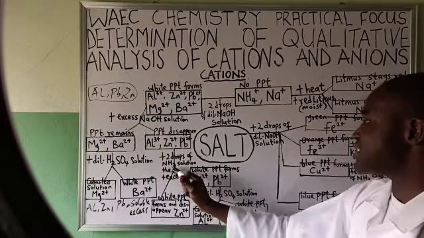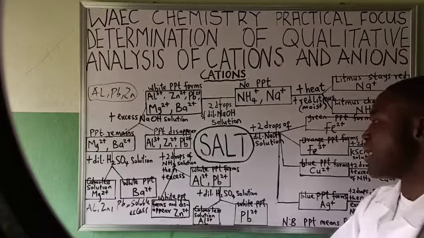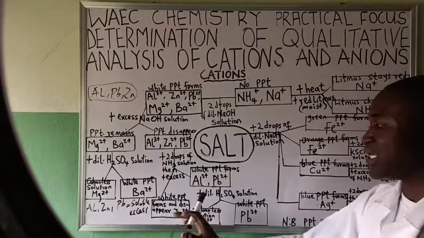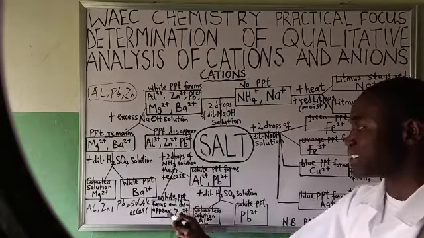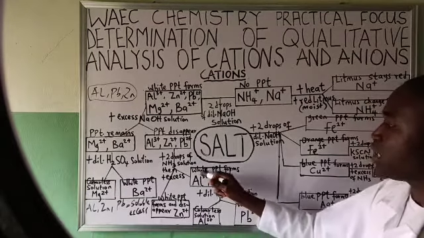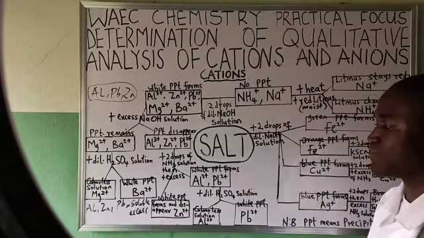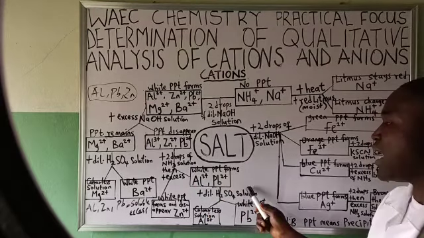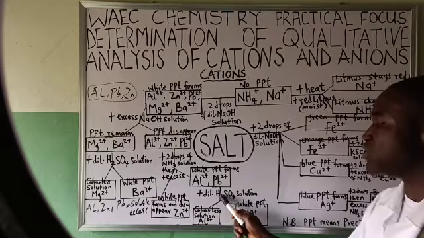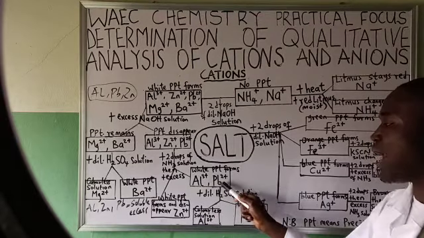When we put excess ammonia, zinc came out to show that it's soluble in ammonia because the white precipitate disappeared. But in this, the white precipitate remains. Aluminium and lead will be suspected. Then add dilute H2SO4 to separate aluminium and lead.